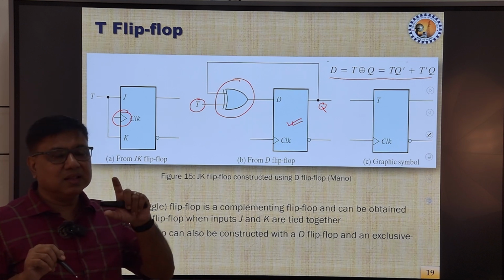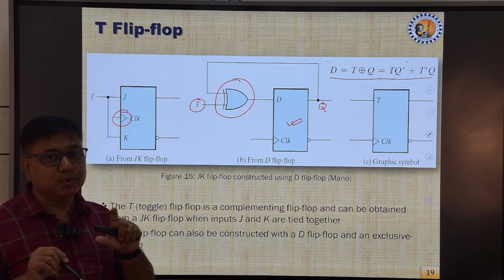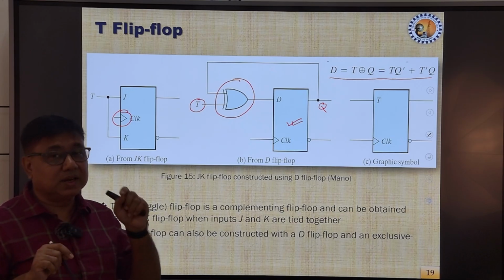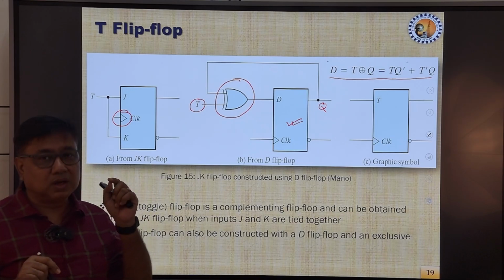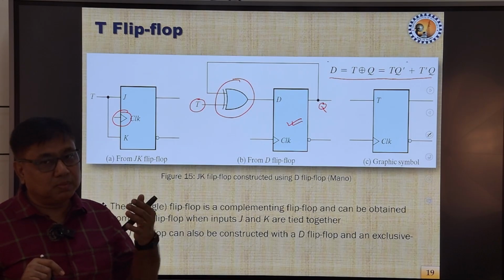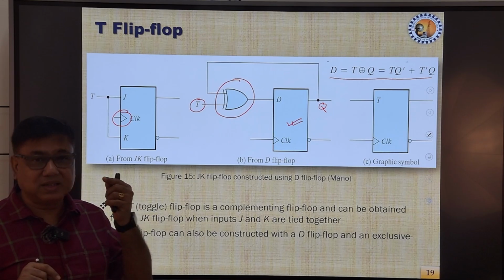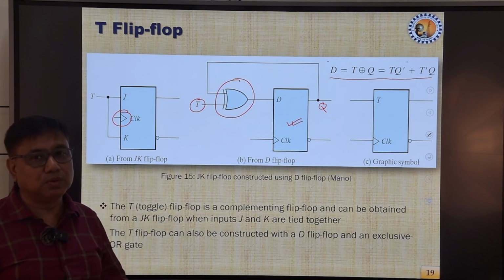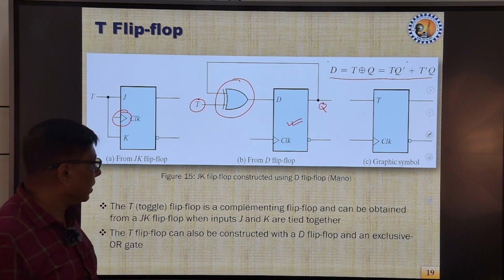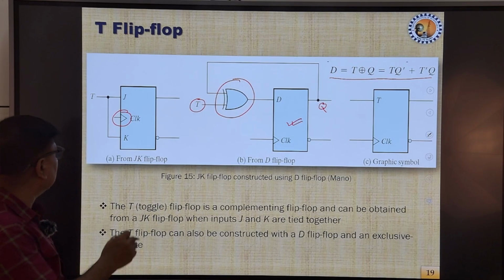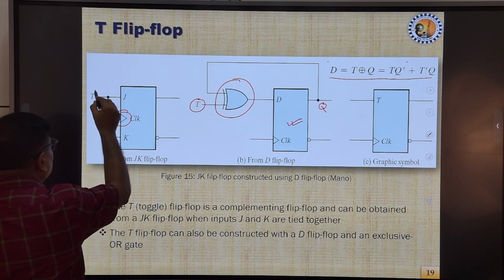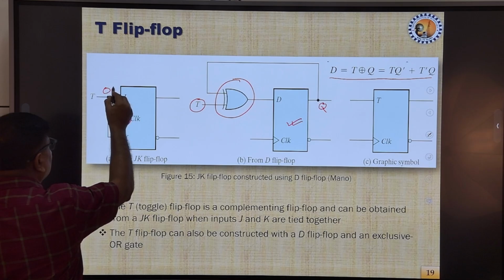If we tie the J and K inputs together with a wire, so that the common input is referred to as T, it will work as a T input, and that flip flop will work as a T flip flop. Here we will apply either a 0 or a 1.